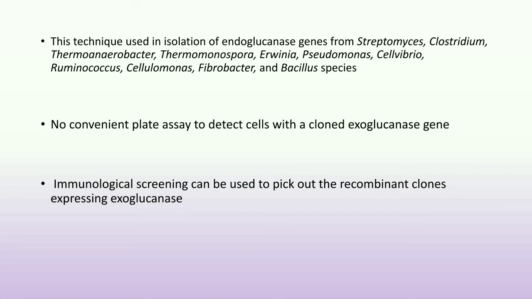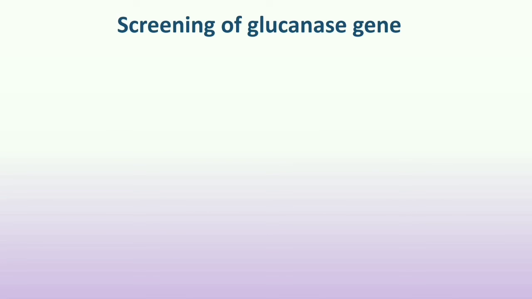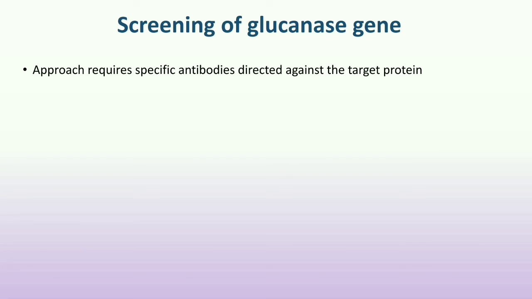This screening technique can be used to pick out recombinant clones expressing the exoglucanase gene. Although this approach requires specific antibodies which are directed against a target protein, the protein of interest need not be secreted in order to get detected.